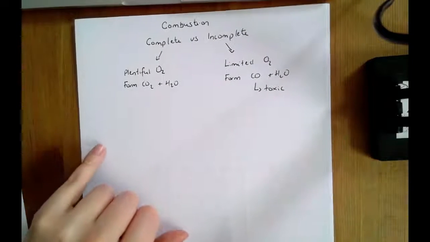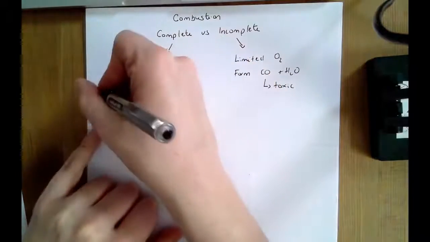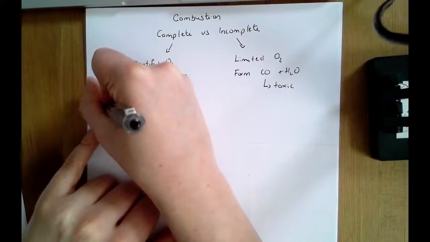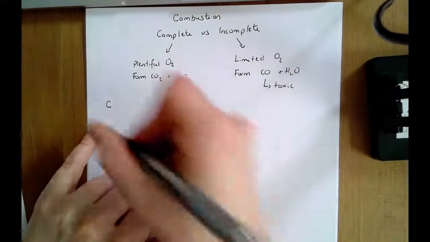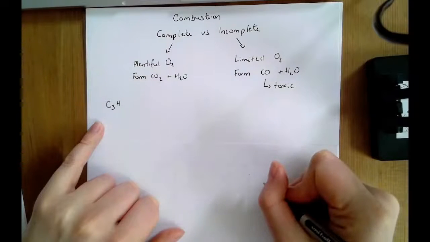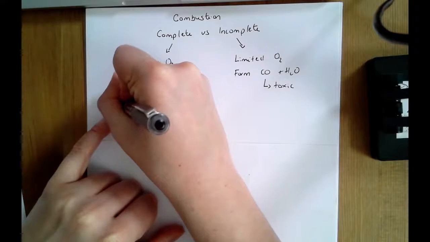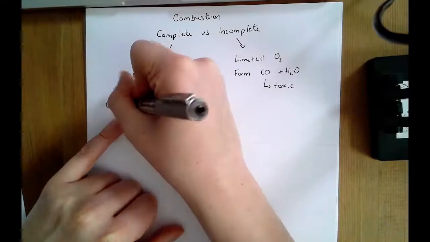So if we look at some examples, they could say, write the equation for the complete combustion of propane. So you would need to know the formula for propane. It's prop, so you've got 3 carbons in there, and the number of hydrogens is going to be 2n plus 2. So I double 3 and I add 2 and I get 8. So C3H8 is propane.